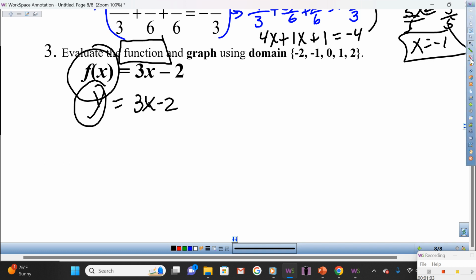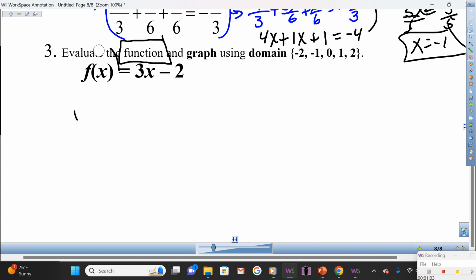Okay. So I'm just giving you a quick intro. We're headed that direction. But here's the instructions. It says, evaluate the function of the graph using the domain -2, -1, 0, 1, and 2. Let me show you. My first value is -2.